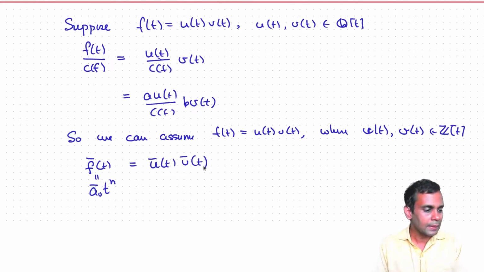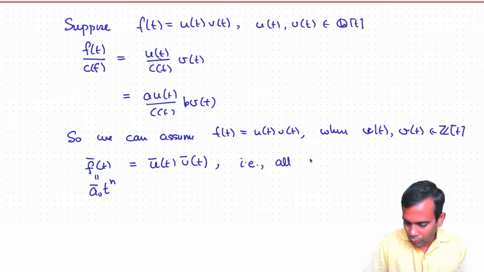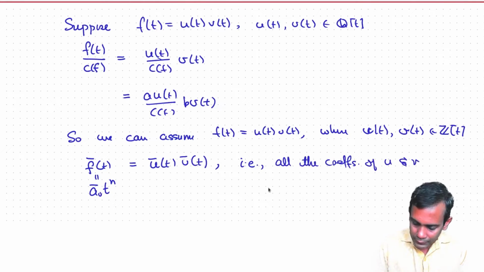But this means that all but the leading coefficients of u and v are divisible by p. All the coefficients of u and v except the leading coefficient are divisible by p.